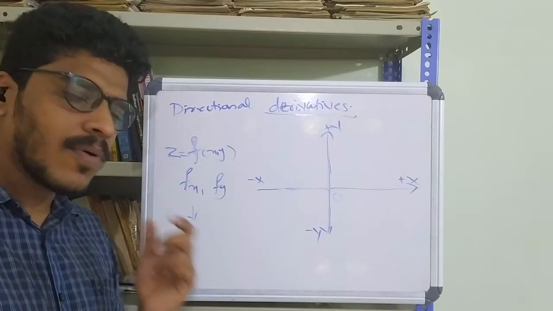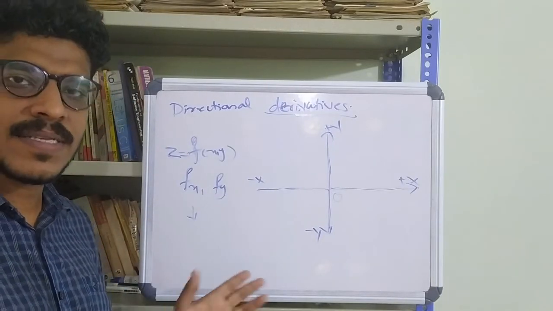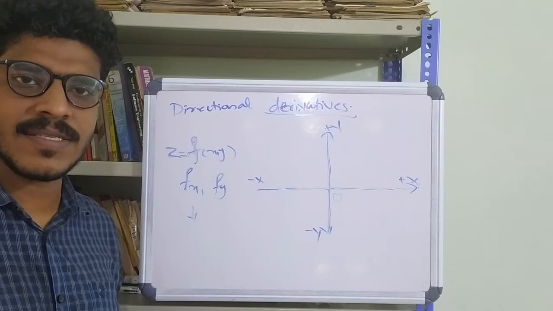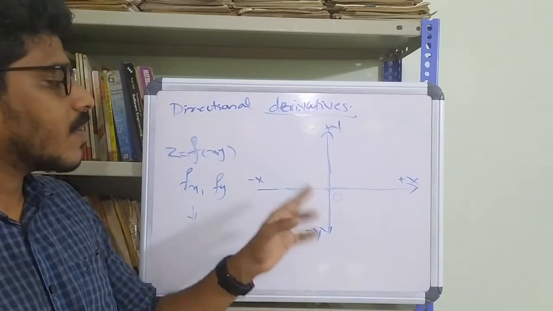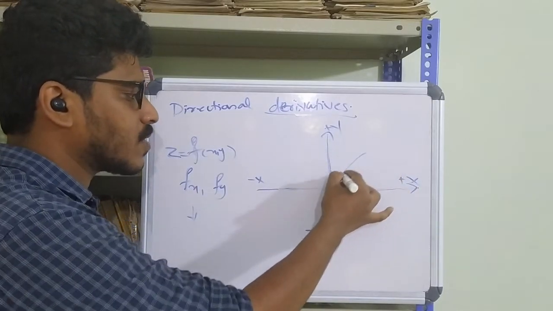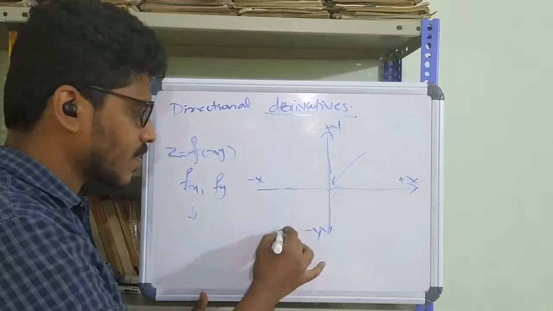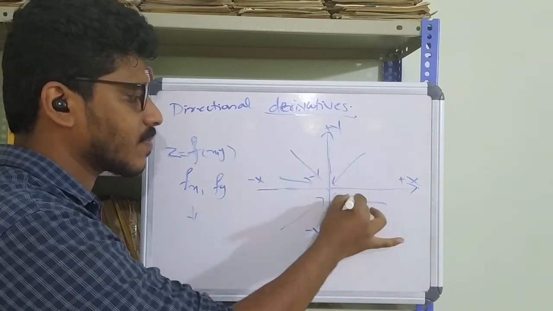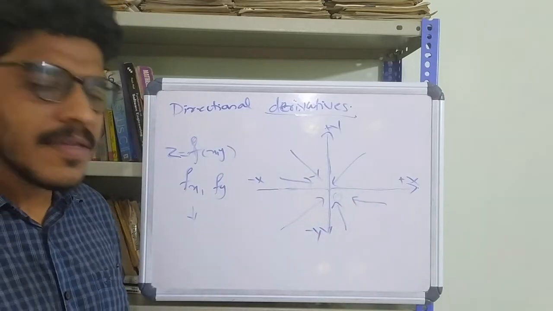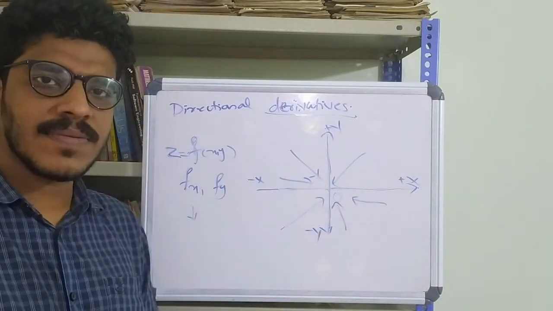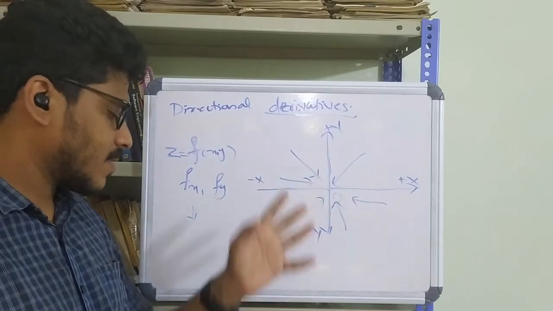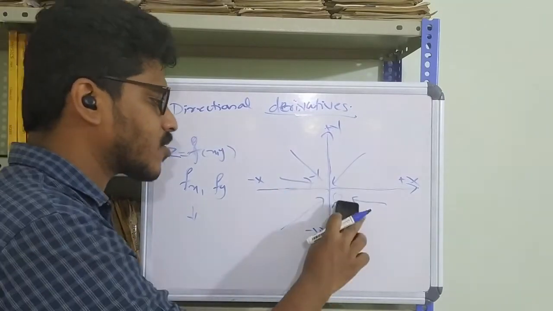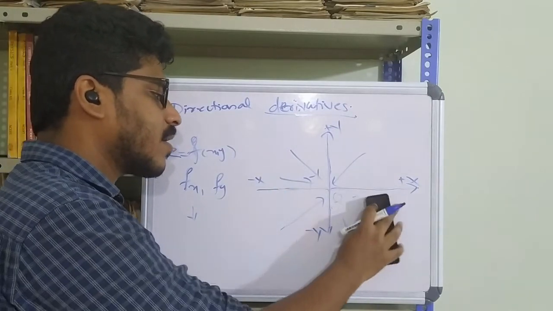Is that the only possible direction? Are these the only possible directions? Obviously not. We can approach from this side, or any side. These are all possible directions. In fact, this is not the actual method to do this.